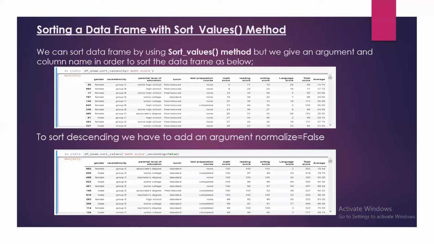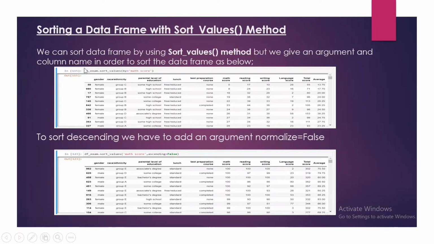Now let's come back to the sort underscore values method. As I previously said, we can sort a column by values in ascending or descending order, but we have to give an argument, and that argument should be the name of the column on which we want to perform the sort.